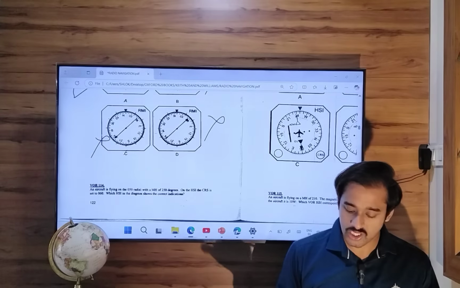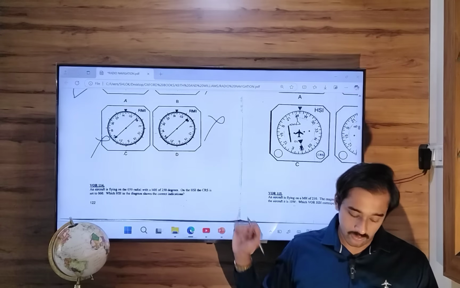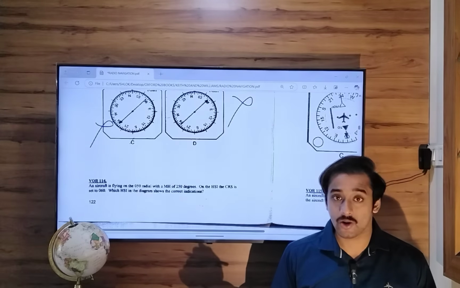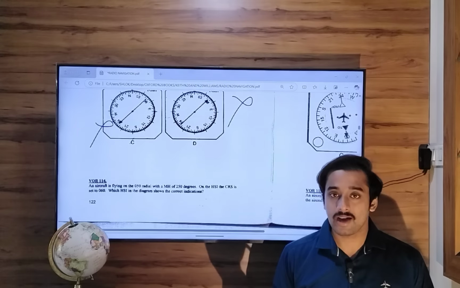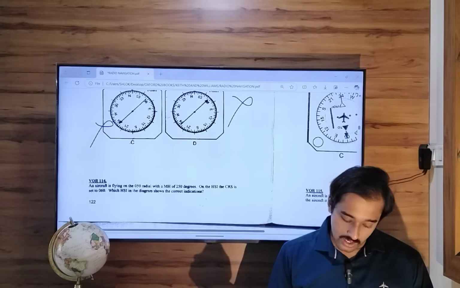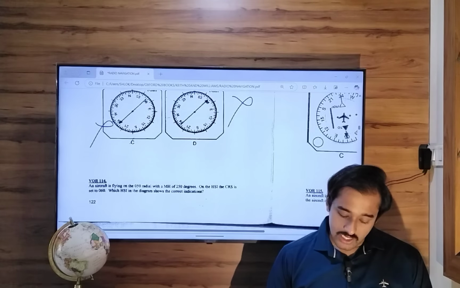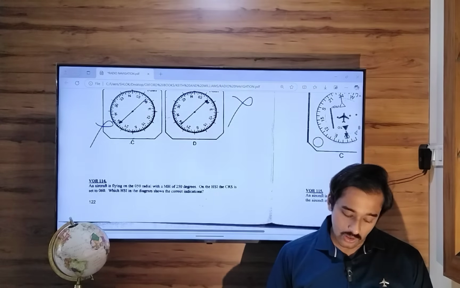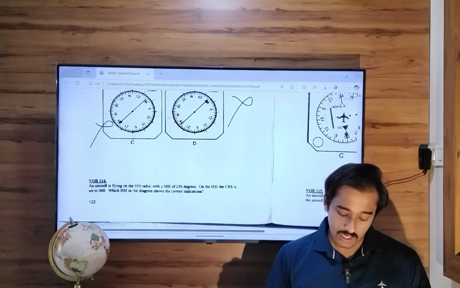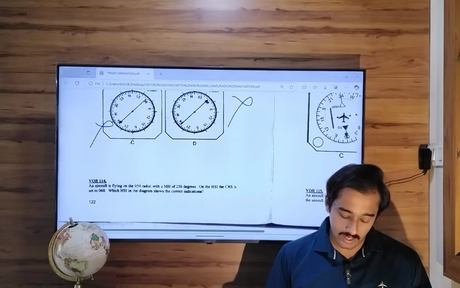Okay, so this question we will do from here itself. Aircraft is flying on radial 050 with a heading of 250 degrees. On HSI, the course is set to 060. Which HSI in the diagram shows the correct indication?